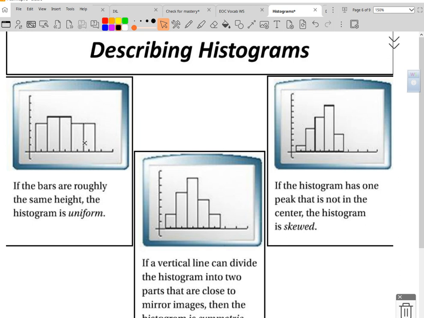If your histogram looks like this, even though it's not exactly symmetrical, because this one is a little taller than this one, it's approximate, right? Because it's real world data, it's not going to be exactly anything. But we would say that this set of data is symmetrical.